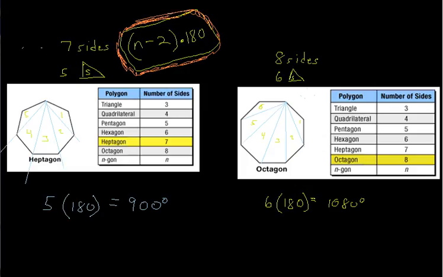Let's solve a couple of other problems using that formula. We're not going to draw any lines. I'm just going to use the formula, and it should give me the measures of the angles on the inside.